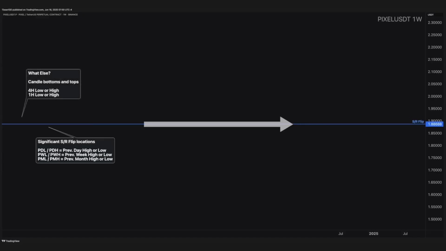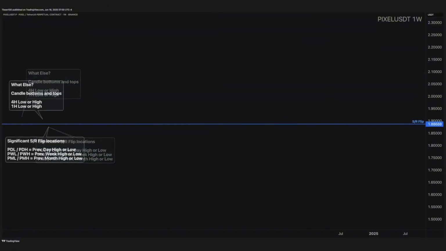If you trade much smaller time frames, you can also add common candles to this, like the 4 and 1 hour highs and lows. These can act as support and resistance flip lines also. Then, what we look for is the multi-level imbalances, generally colliding with SR flip lines.